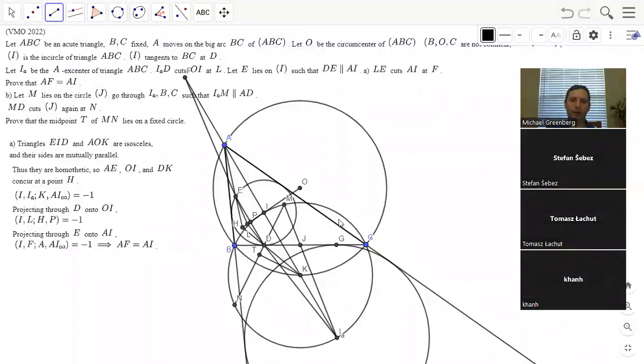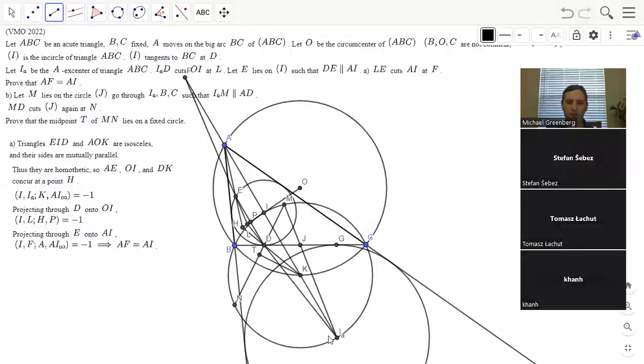So I is going to basically move around this circle right here, because B, K, and C stay in the same place. So I and I_A are going to move around this same circle, kind of rotate with each other.